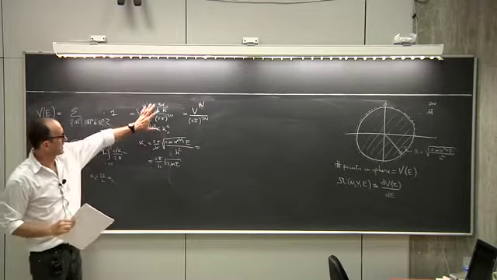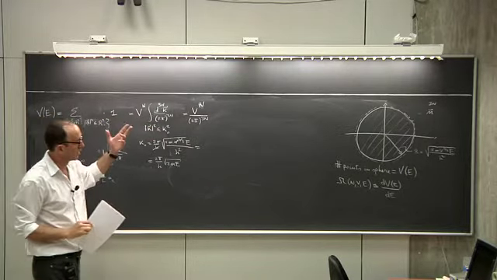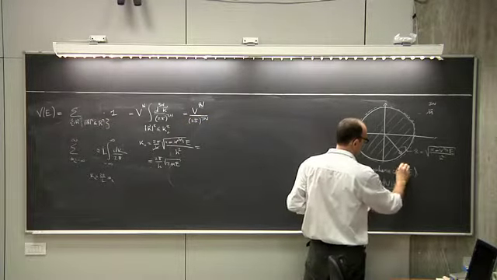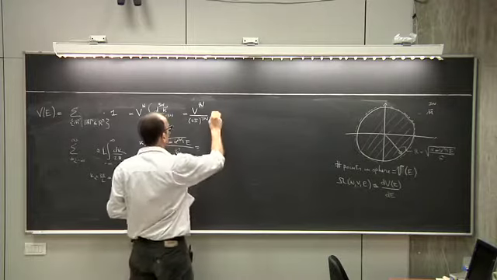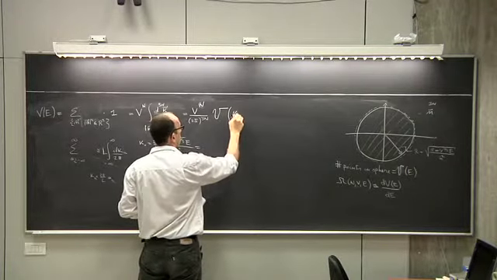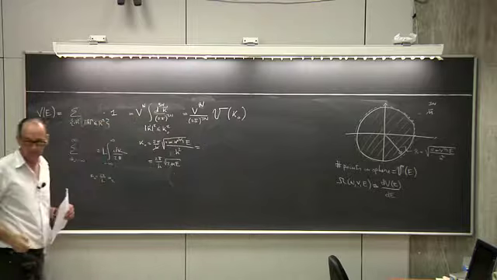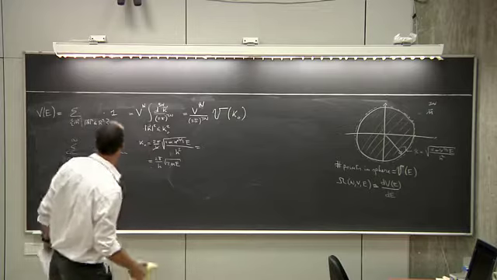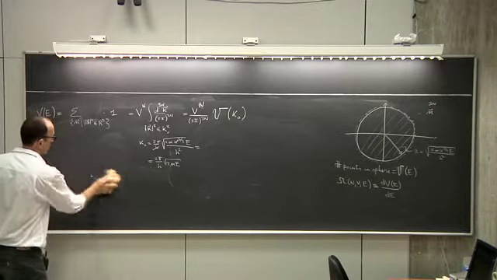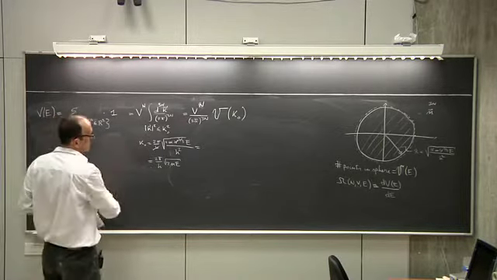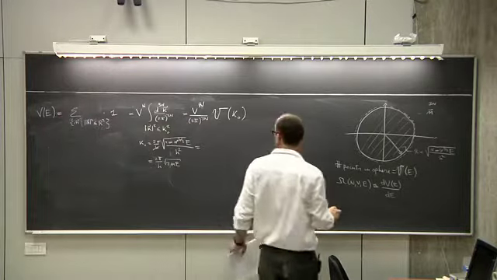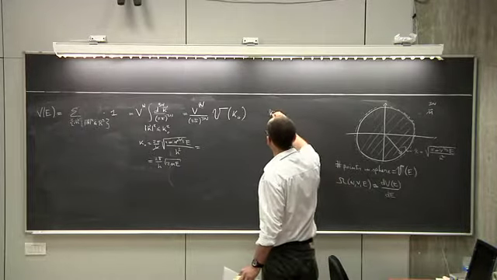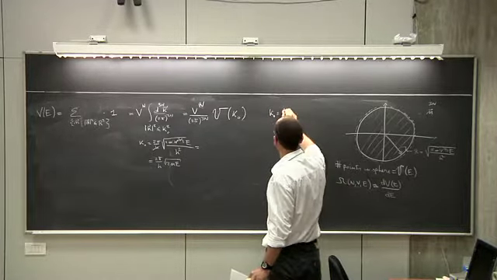And what I have here is essentially the volume of a sphere of radius k0. Okay, so let me write this k0 here.